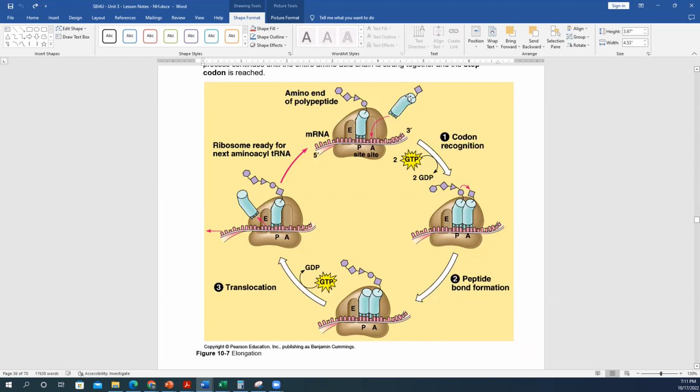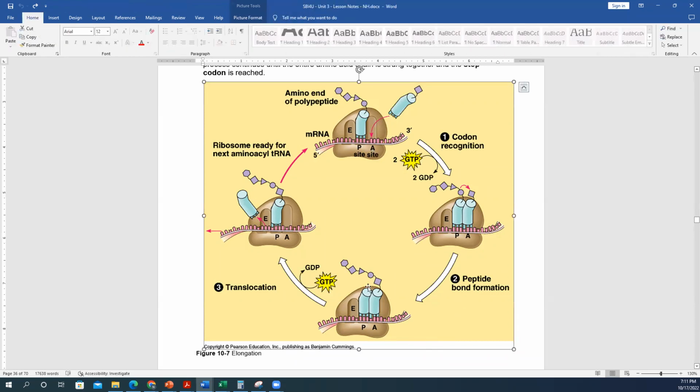The next tRNA carrying the next amino acid will come and bind to its recognition site here, and so on and so forth in this cycle, which uses the energy of GTP. So 2 GTPs are used here, 1 over here.